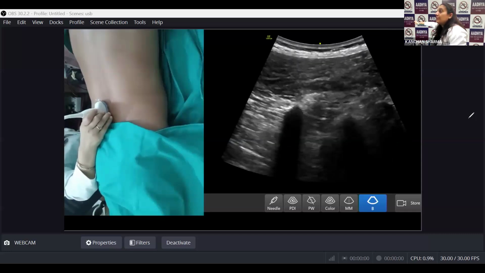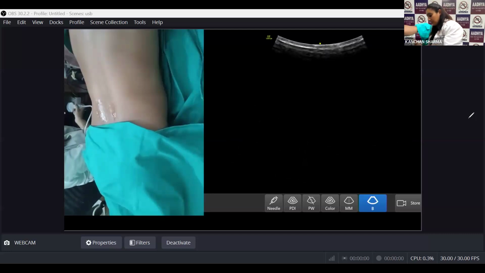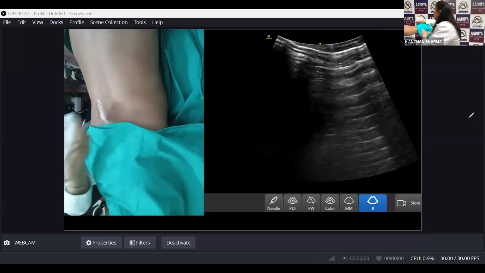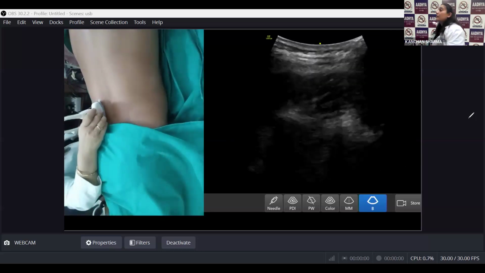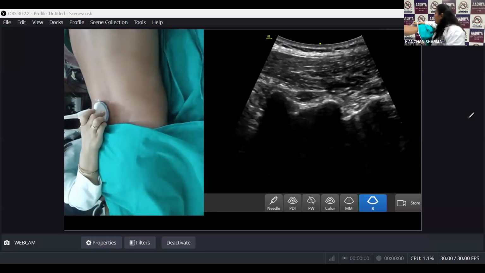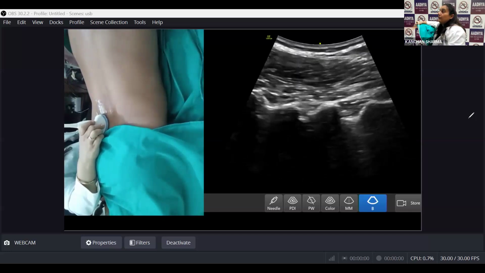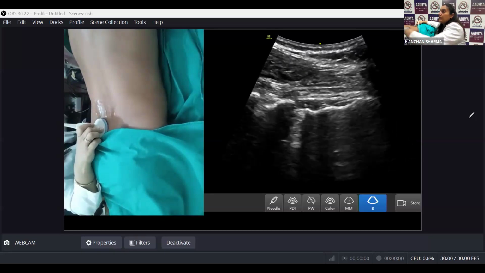Now, if your probe is over the lamina, like this, let me take some jelly. So it is over the lamina. Now you keep on going, keep on going down. Okay. So are you able to see something?